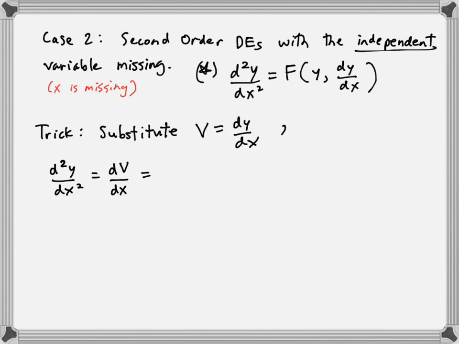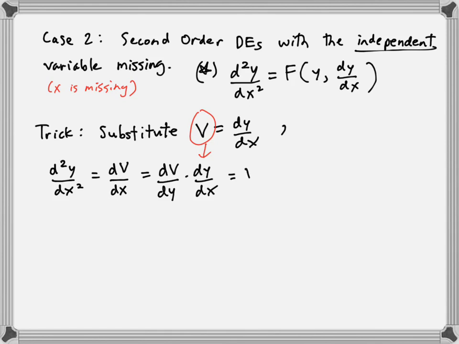But this is the same by the chain rule as dv dy times dy dx, right? Because v is a function of y and y is a function of x. But isn't dy dx equal to v? So if I replace it, I end up with v times dv dy, right?